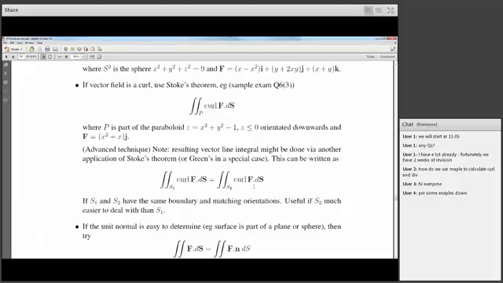This is a generalization of path independence, a kind of surface independence for this sort of vector field. If a vector field has zero divergence, then it's surface independent.